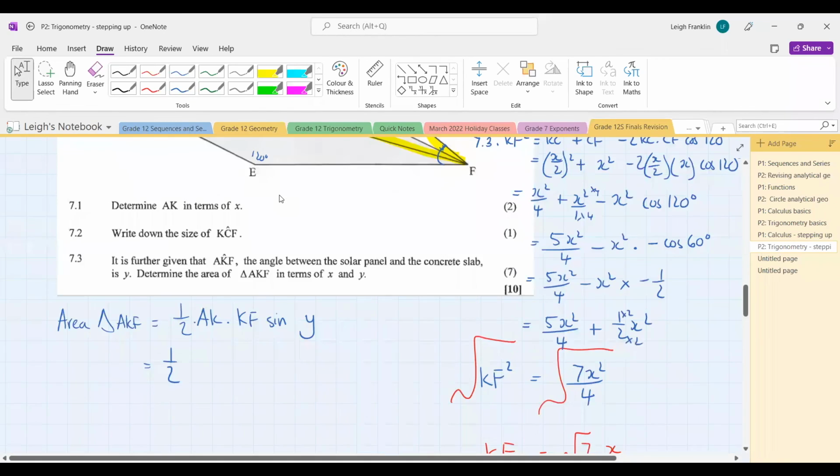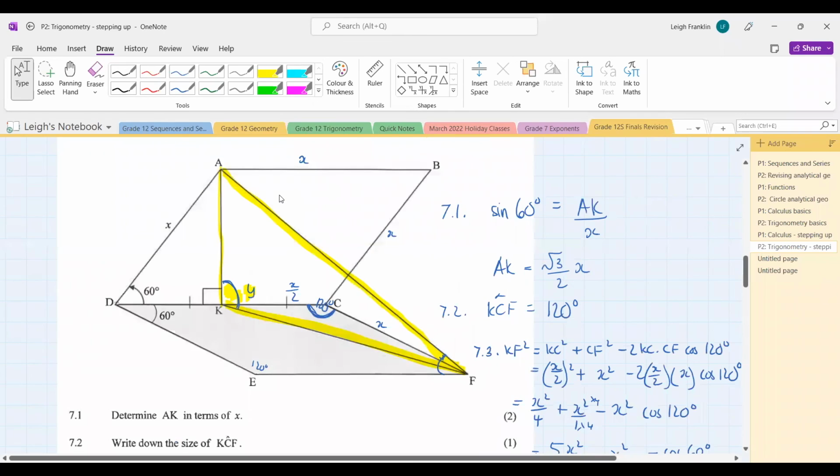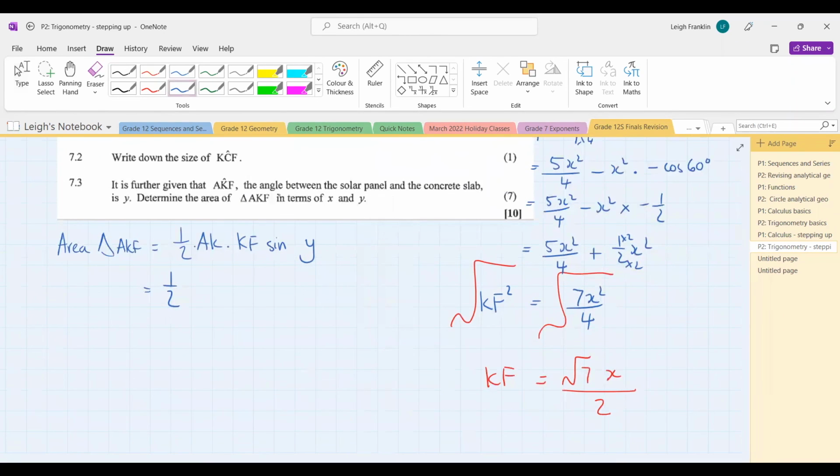So AK is equal to root 3 over 2x. So times root 3 over 2x multiplied by KF, which is root 7x over 2, multiplied by the sine of Y.